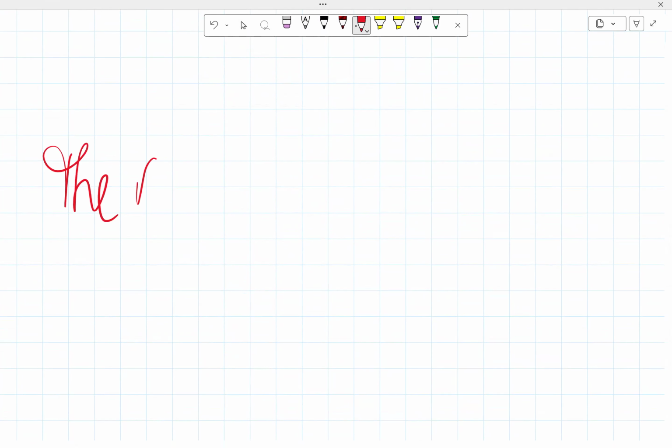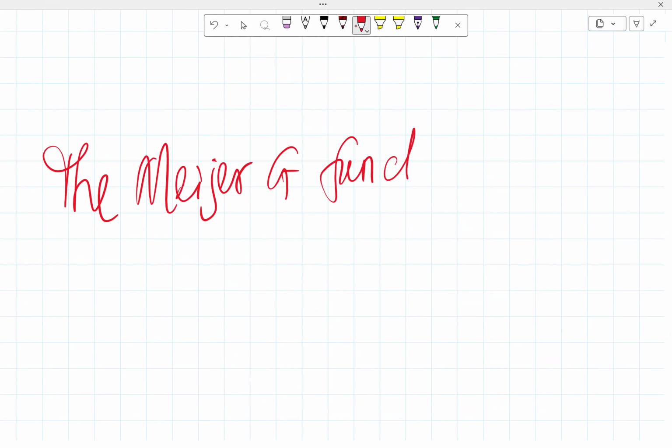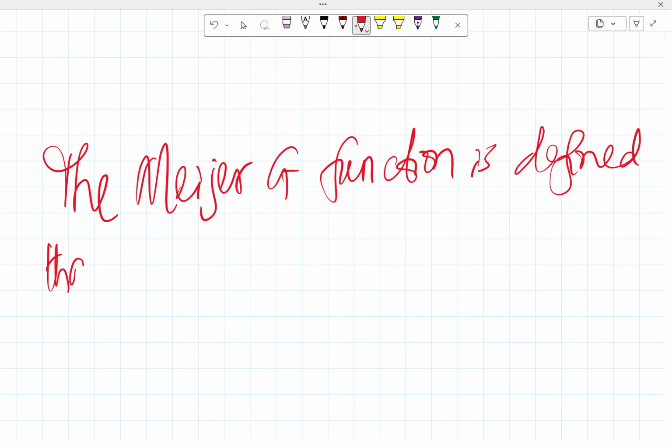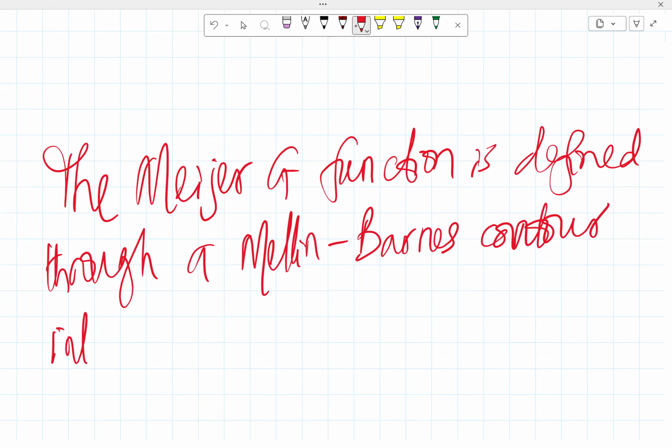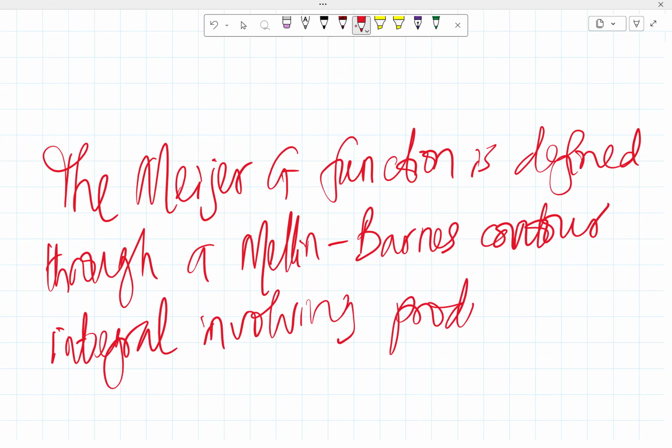So the Meijer G function is defined through a Mellin-Barnes contour integral involving products of gamma functions.